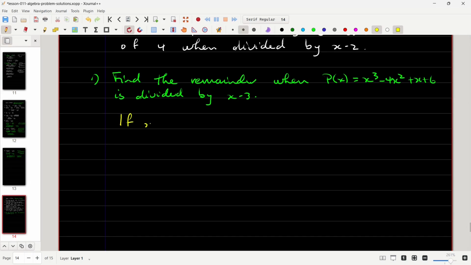So if x minus 3 is the divisor, then a is equal to 3. We only obtain that by simply solving x minus 3 equal to 0, which implies that x is equal to 3.